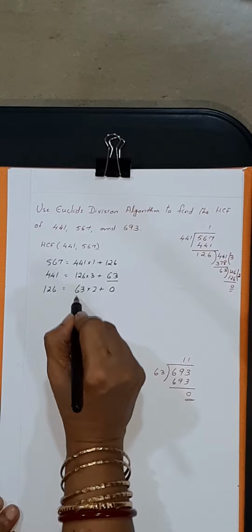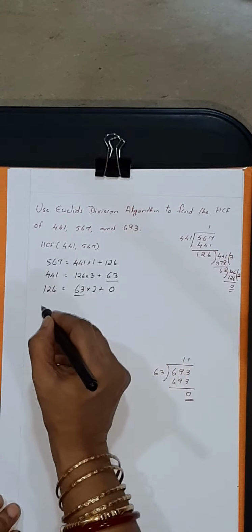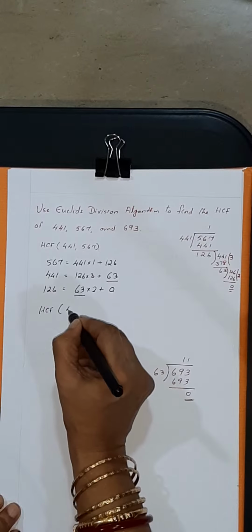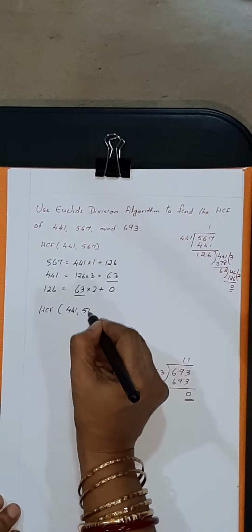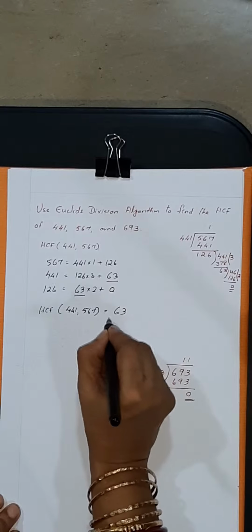Now 63 is the HCF, so the HCF of 441 and 567 is equal to 63.